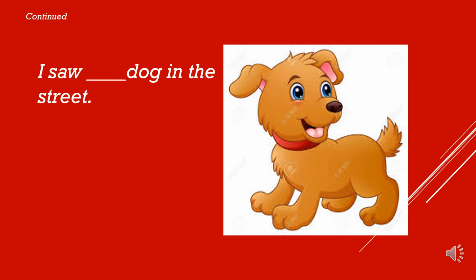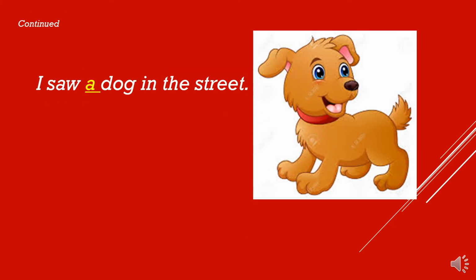For consonant sounds, we put A. In the same way, for every noun, for a person or a thing, when it begins with consonant sounds, we will put A. Students, you can see on the screen, I saw a dog in the street. I hope all of you have understood about consonant sounds.